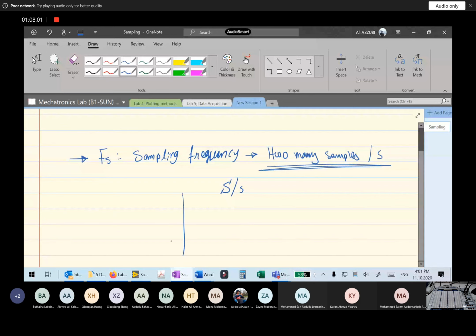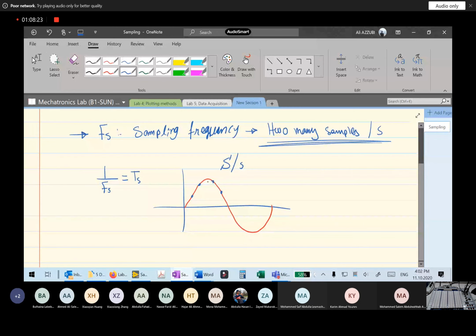For a realistic signal, if this is your continuous signal, you will discretize it, or take samples, like this. Now I know 1 over my sampling frequency is called Ts. Ts is the time between two samples, or what you call the sampling period.